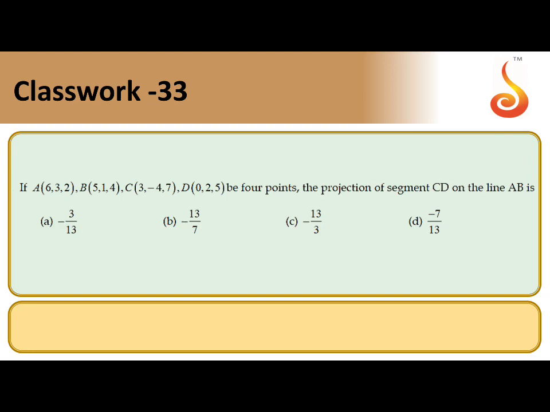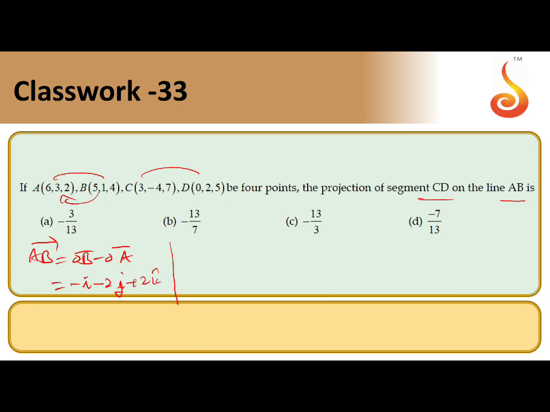If A, B, C, D are 4 points given, then find the projection of CD on the line AB. So you have to find CD vector and AB vector. First find AB vector. AB vector means OB minus OA, so that gives 5 minus 6 minus I, 1 minus 3 minus 2J, 4 minus 2 plus 2K.